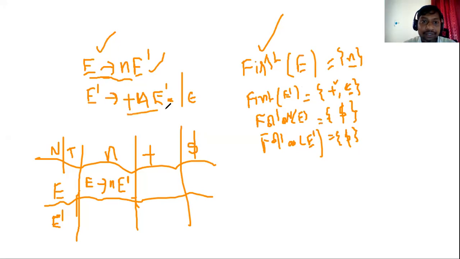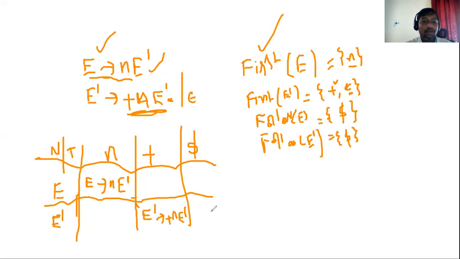This is the rule that will give us this plus as the first of E'. So E' with plus, you have to add that rule: E' derives plus n E'.